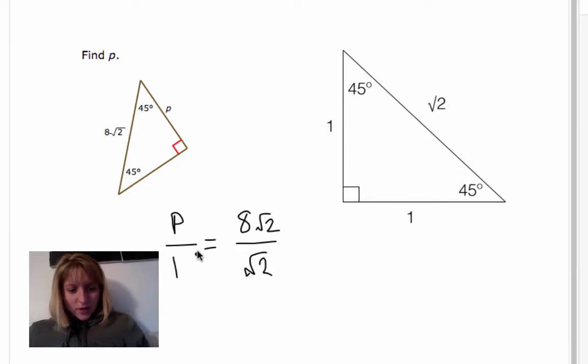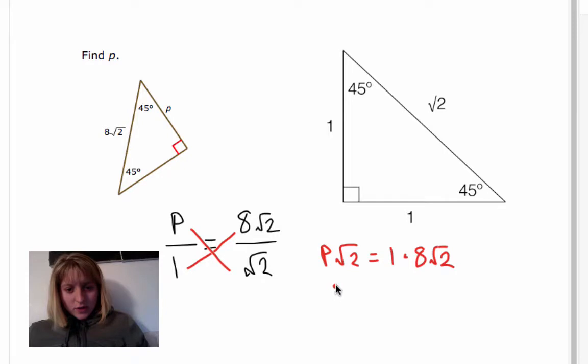We're solving for P. So we can cross multiply and we get P times square root of 2 equals 1 times 8 square root of 2.